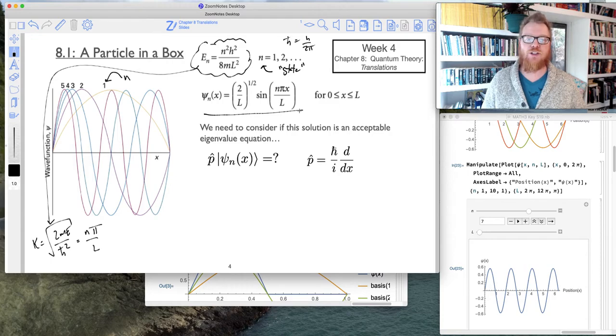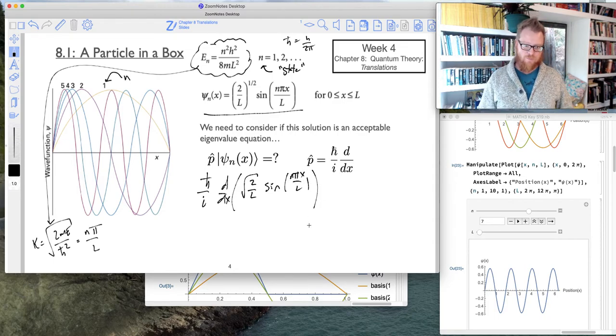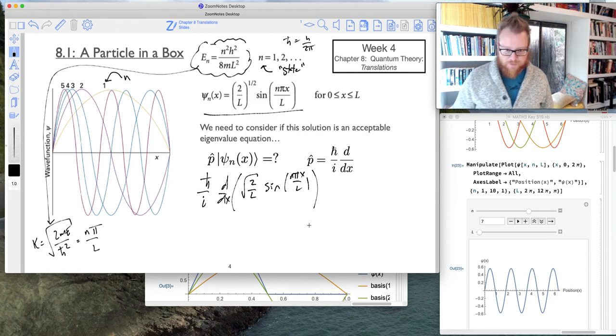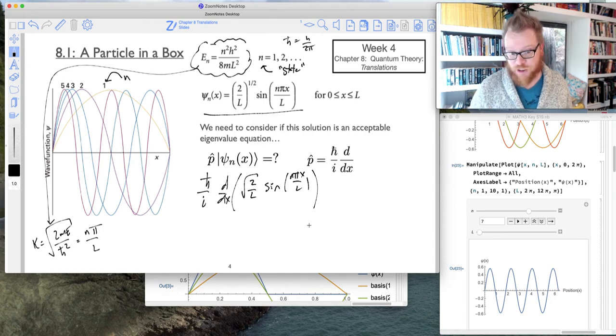One way that we could do that would be by using the momentum operator and operating on psi and seeing if we get a single eigenvalue out of it. But we will run into a problem almost right away. Check this out. If I go h bar over i times d dx of this equation, which we know is root 2 over L times sine n pi x divided by L. Remember, when I carry out this operation, it's supposed to return to me an eigenvalue, but also the original function.